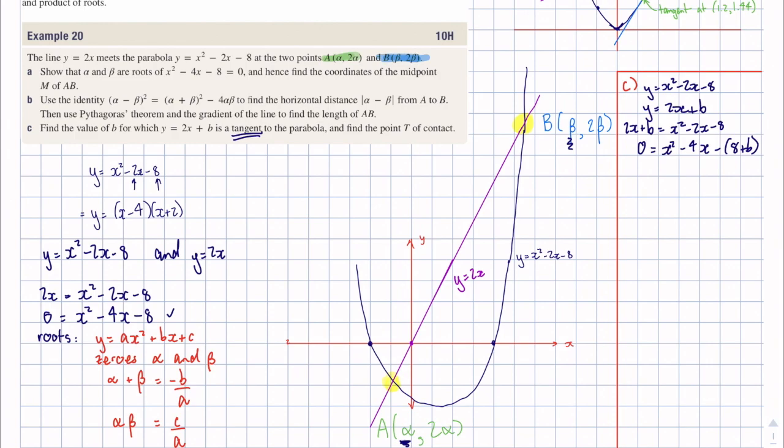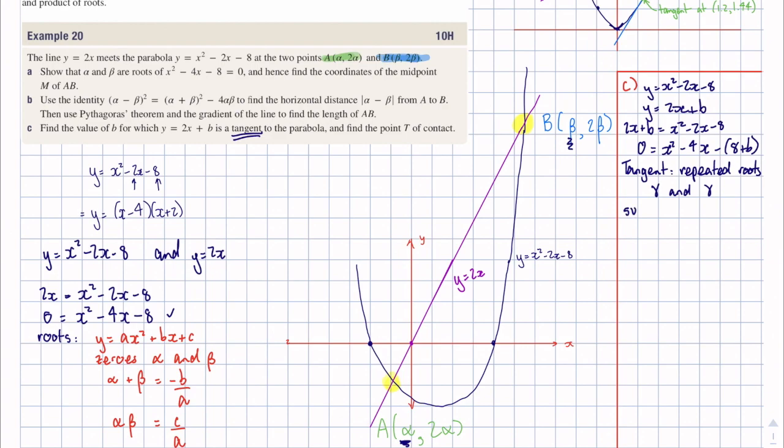So this is a tangent. At tangents, you have repeated roots because it hits it but it doesn't go through. I'm going to call these roots gamma and gamma because I like drawing gamma.